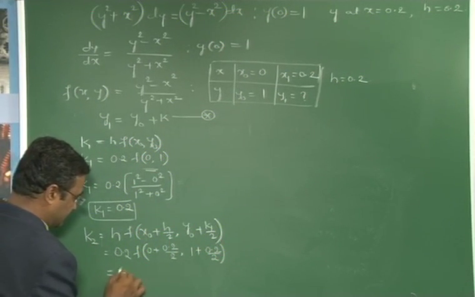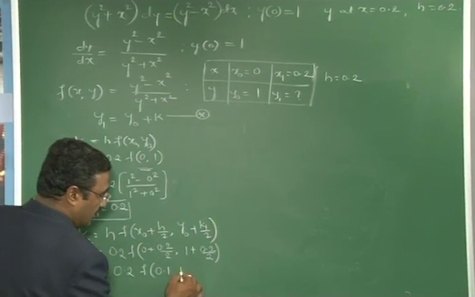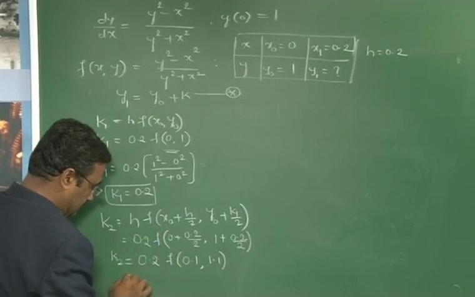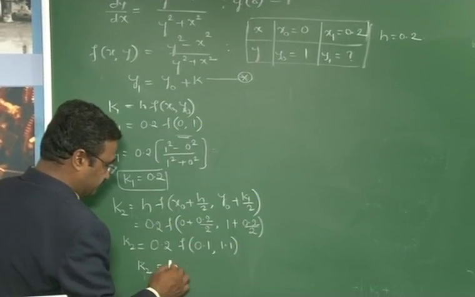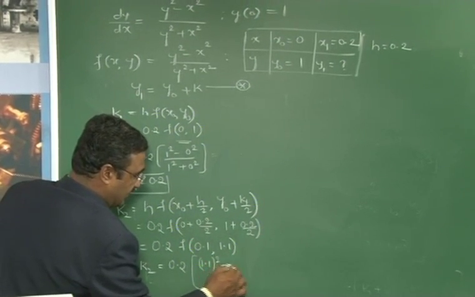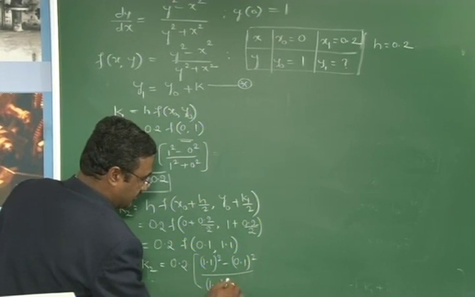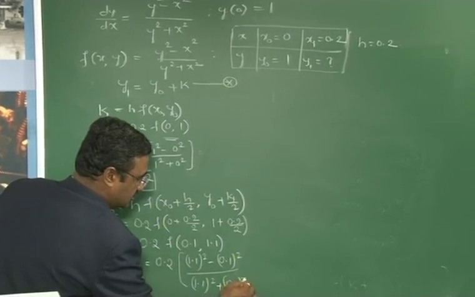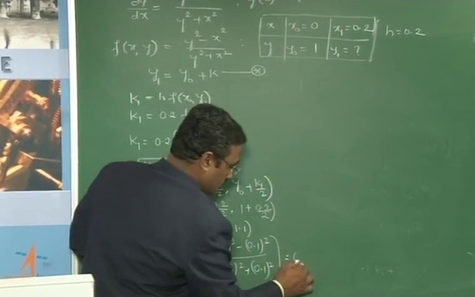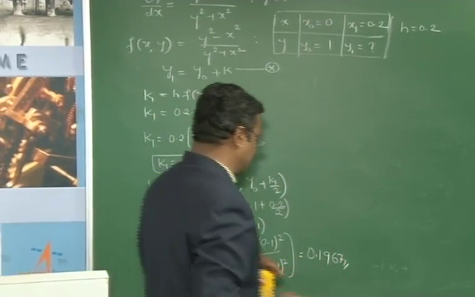After simplification, it is f(0.1, 1.1). Now substitute in this equation, and we get the value of k2. k2 is equal to 0.2 times (1.1² − 0.1²)/(1.1² + 0.1²). After simplification of this, we get the value 0.1967. This gives the k2 value.